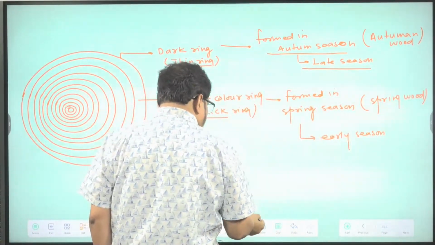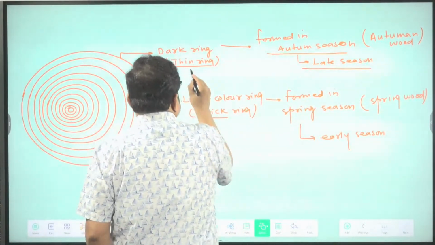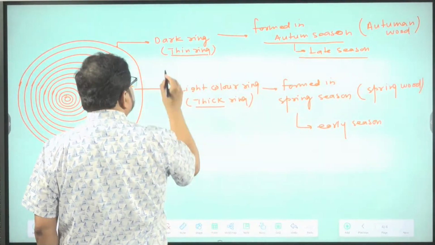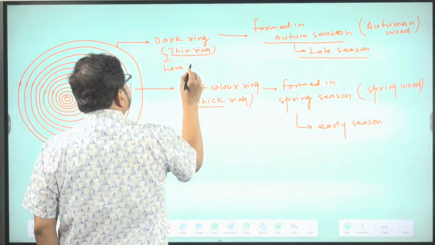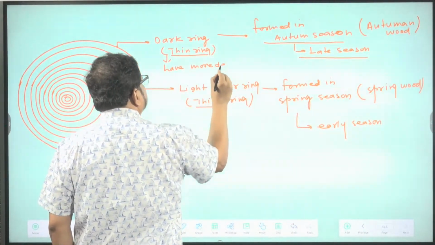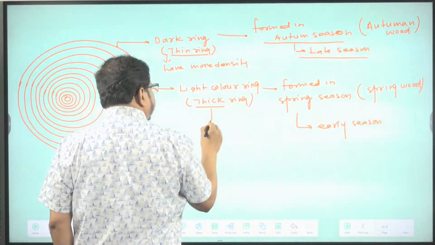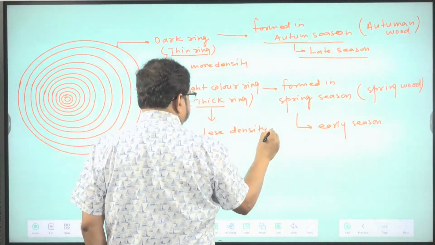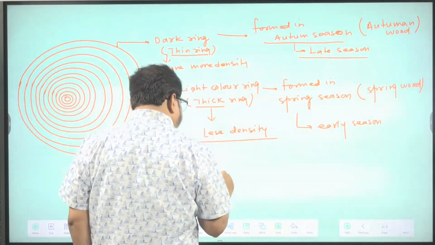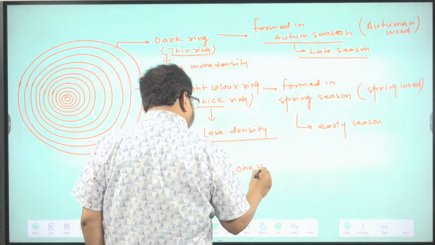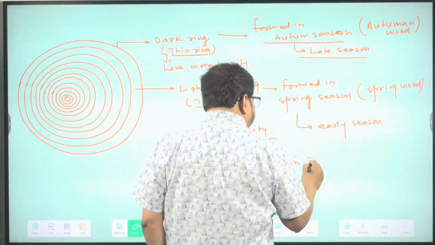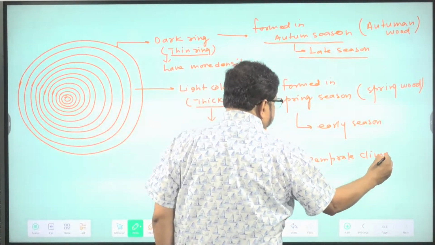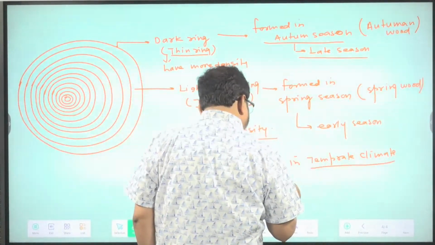Got the idea? So these dark rings have more density, and these light rings have less density. Got the idea? So in 1 year, in temperate climatic condition, two rings form.